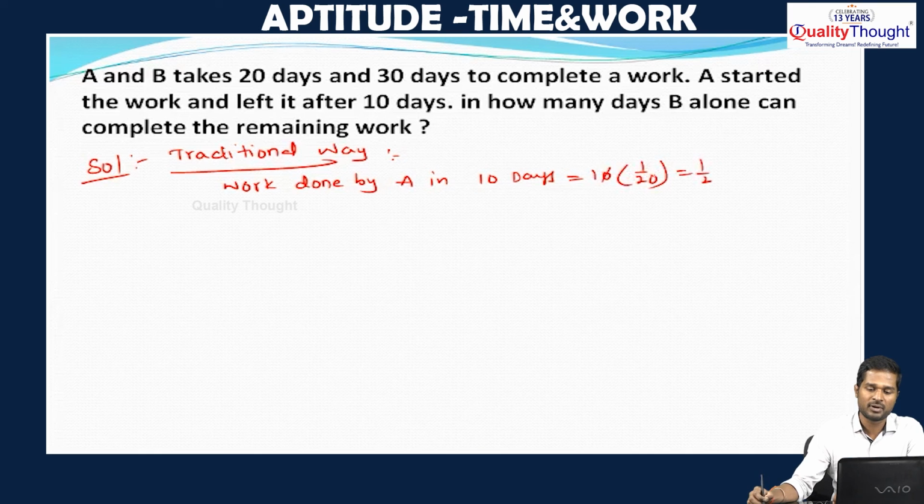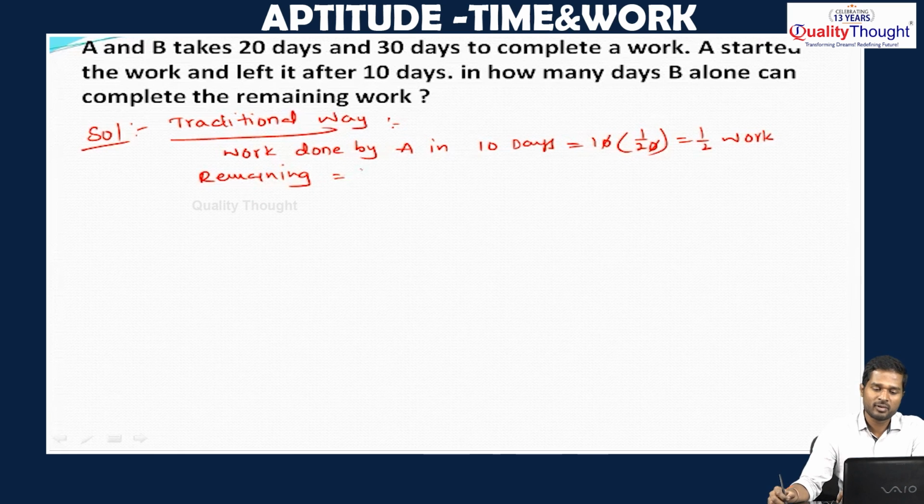That means half of the work is done by A in the 10 days he worked. Now what is the work remaining? Total work is 1, and in that half of the work is done, so still 1 by 2 of the work is left. This should be done by B.